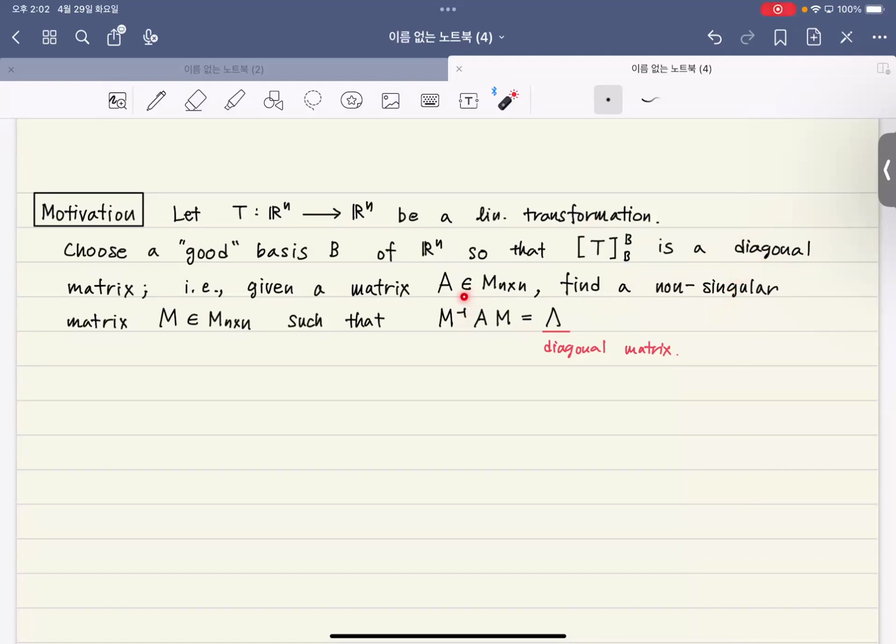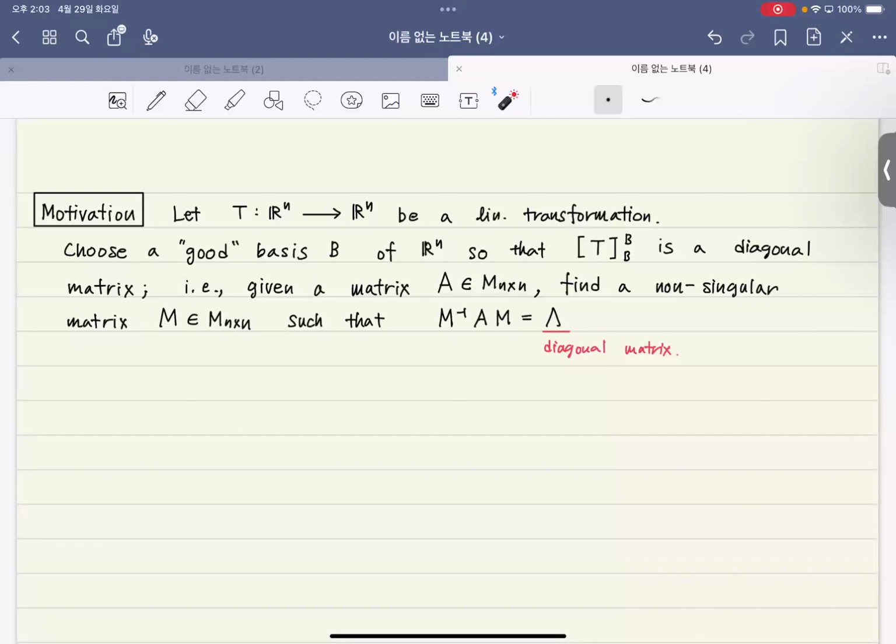In other words, for a given matrix A, we want to find a non-singular matrix M such that M inverse times A times M is lambda. This is the capital letter lambda, and this symbol is especially reserved for the diagonal matrix in our context.